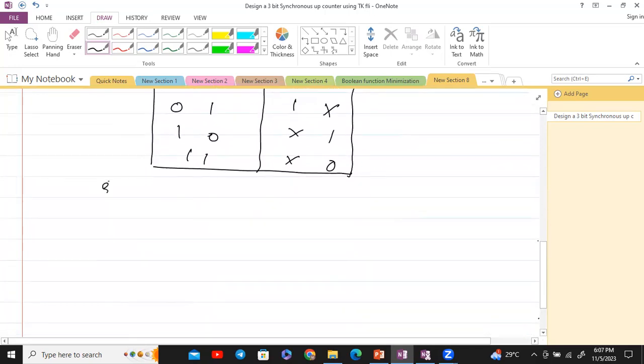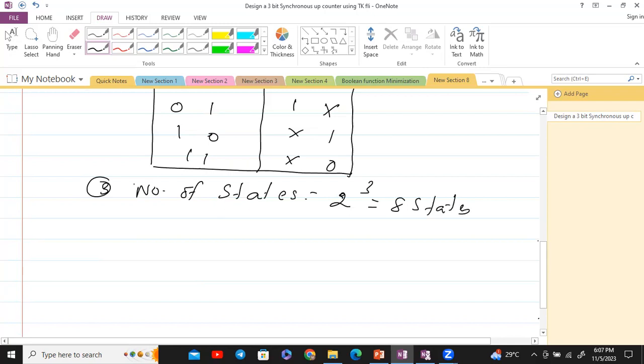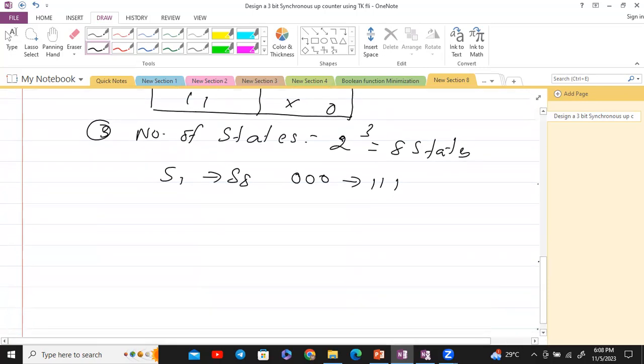Then the third step is the number of states. The number of states is equal to 2 power 3, so it is 8 states. We have the states from S1 to S8, that is 000 to 111. Since it is an up counter, 000 means the next state will be 001, then 010, like that it goes on.